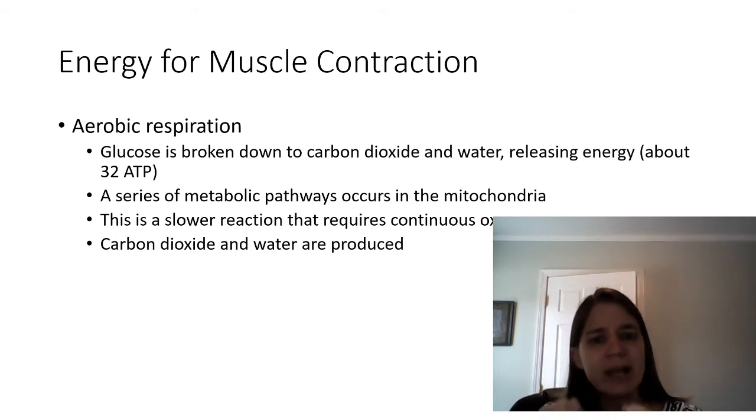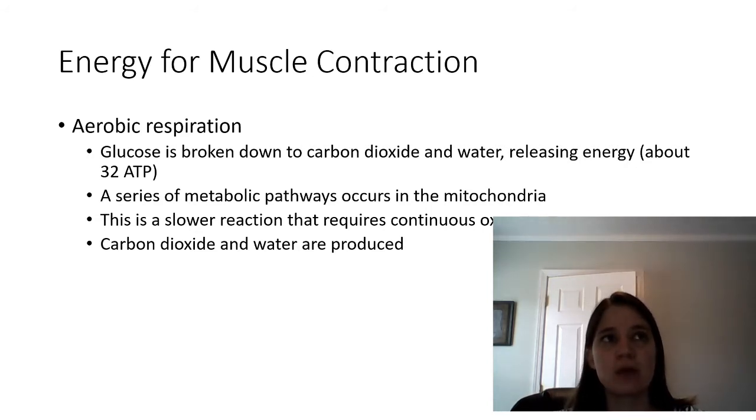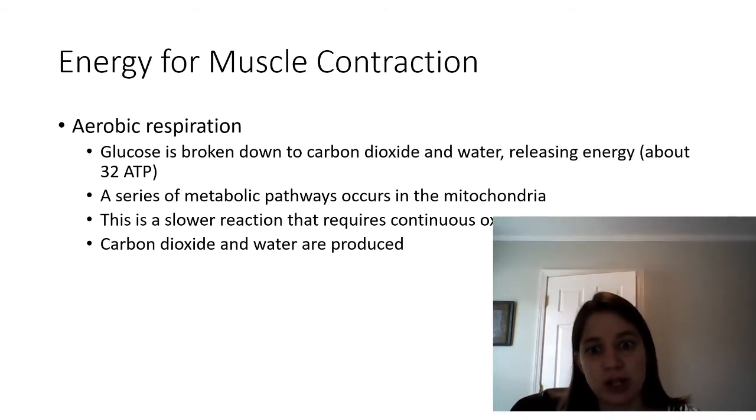You break down that molecule of glucose. You capture the high energy electrons, use them to power the phosphorylation of ADP into ATP. So glucose gets broken down to carbon dioxide and water. As this happens, you release energy.